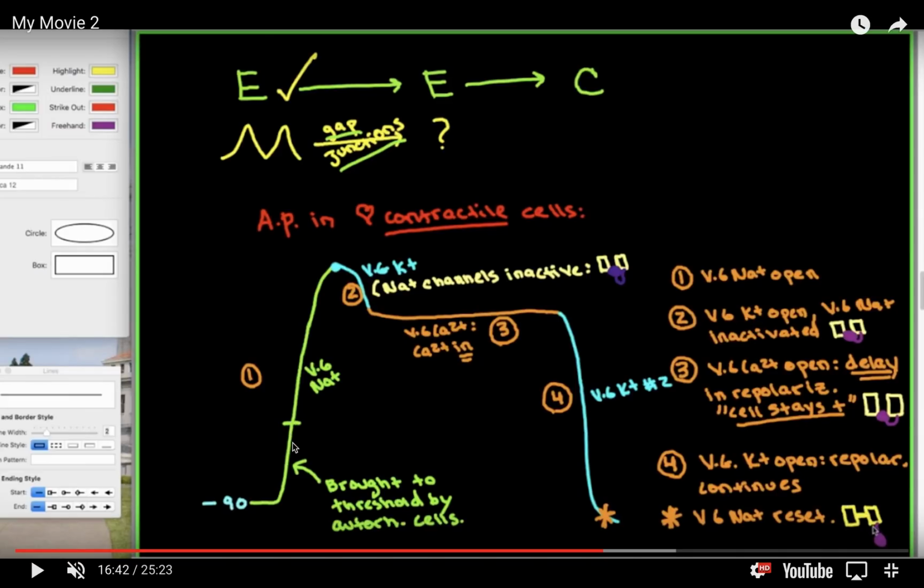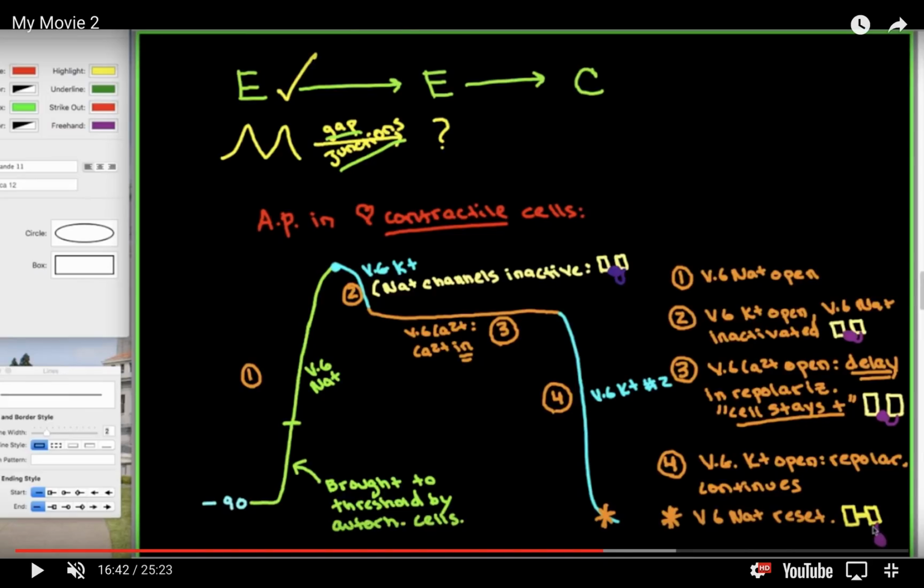So if I start the absolute refractory period here, still going, still going, still going, and because of this delayed positive state, these sodium channels are going to still look like this. So it's still going, still going. It's not until we get all the way back down here that the absolute refractory period stops.